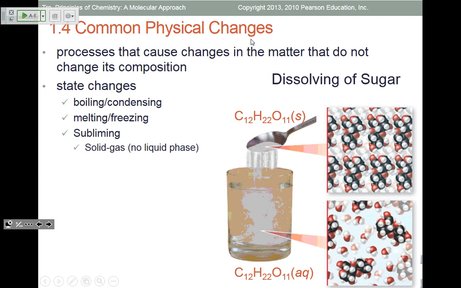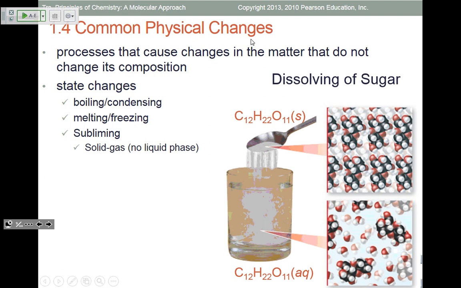There's not a lot of substances where we'll look at subliming, but it's basically where we go from a solid to a gas and we don't go into the liquid phase. Can anyone think of something that does that you've come into contact with? Dry ice.